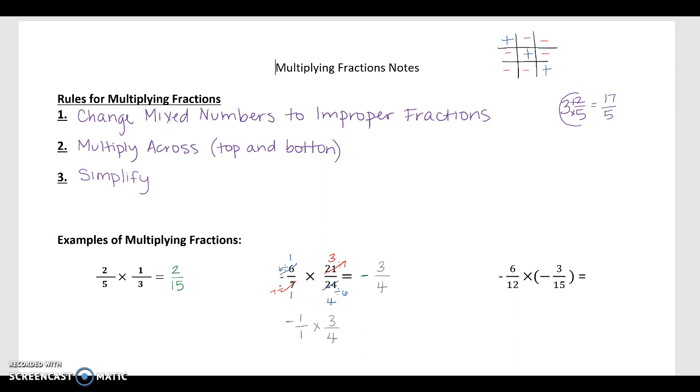So again, we're looking at our diagonals. So if you're still a little confused, let me show you what we basically did. So now we basically had, okay, 1 over 1 times 6 over 6 times 7 over 7 times 3 over 4.